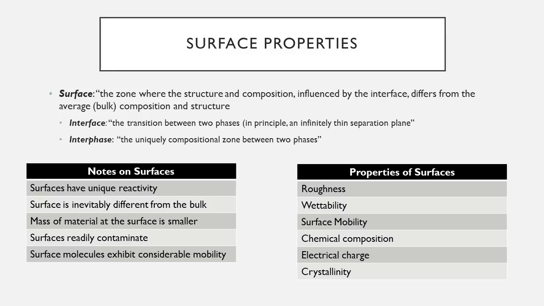And having just mentioned oxide layers, surfaces readily get contaminated and they change and become much different from the bulk of the material. We have surfaces that are susceptible to proteins and ions that infiltrate from the body, and so it even starts changing the chemical nature of the surface. Again, that's much different from the actual bulk of the material. Part of the reason that happens is that surface molecules exhibit a considerable amount of mobility.